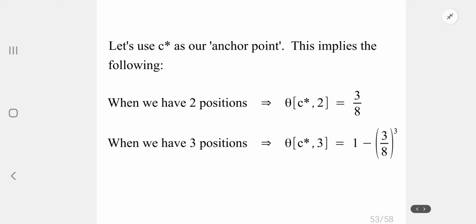Let's use C star as our anchor point. This implies the following. When we have two positions, this implies that theta of C star and 2 equals 3 over 8. And when we have three positions, this implies that theta of C star and 3 equals 1 minus 3 over 8 to the power of 3.